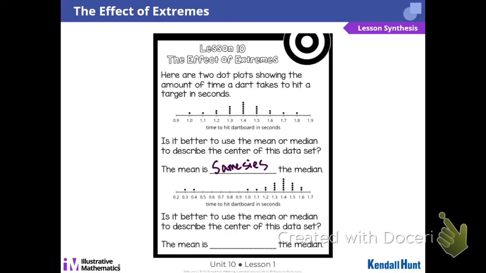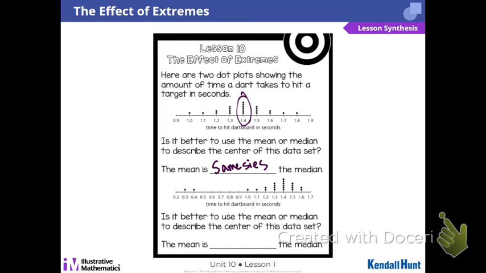The mean is samesies with the median. Big picture is, if it's symmetrical bell-shaped, it doesn't matter. They both explain the middle very well, that dart hitting right up in there.